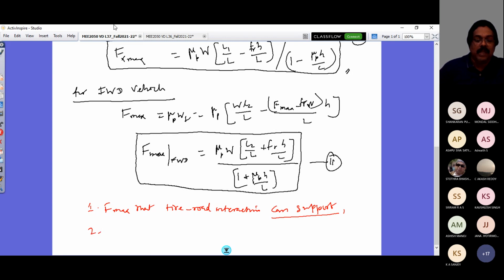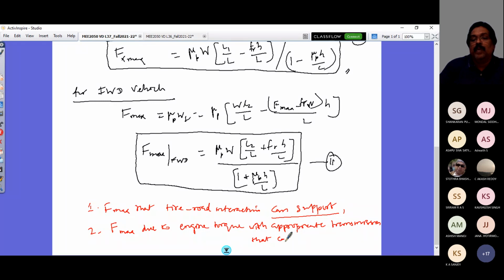The second factor comes from the tractive effort that the engine torque with a given transmission can provide. So F max due to engine torque with the appropriate transmission is what that can provide.